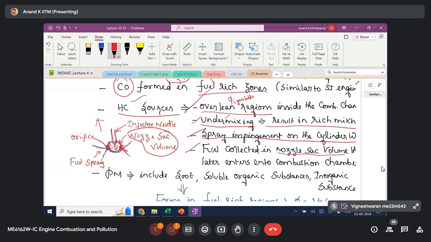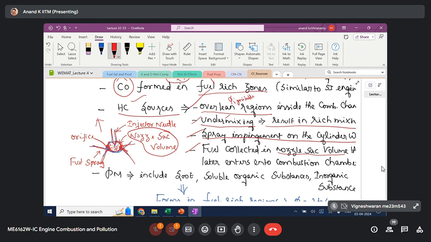So for this reason, we have a sac volume. The problem with the sac volume is, once you allow the fuel through the sac volume, only the spray is getting into the engine cylinder. What will happen after the duration of injection is over? The needle will go and sit in its place, as shown in this simple schematic.